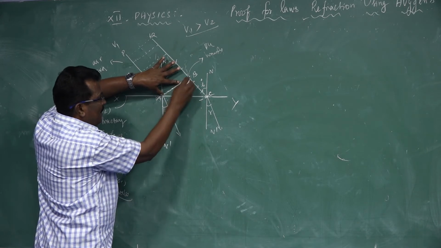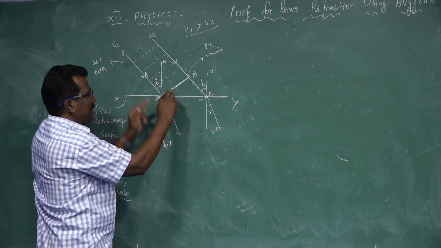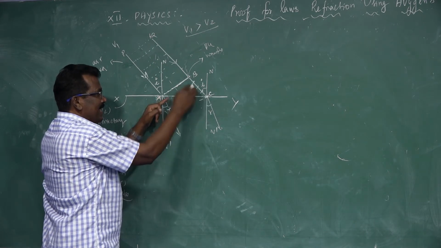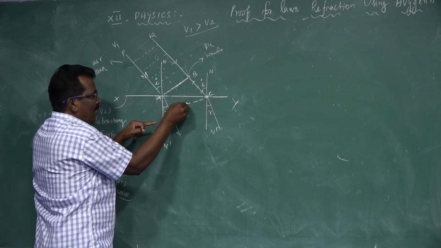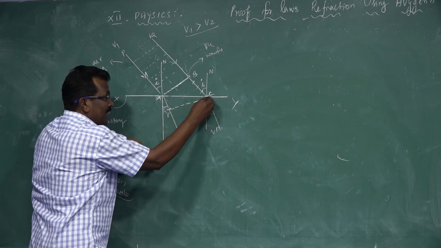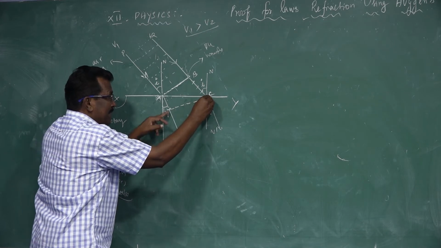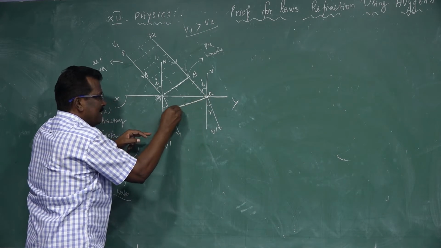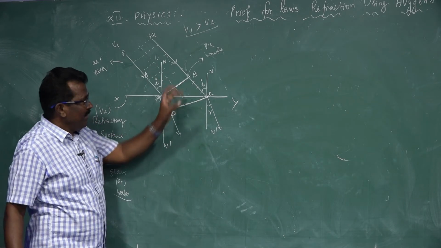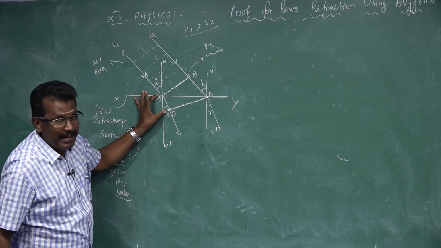Similarly, any secondary wavelet between A and B, incident between A and C, is refracted and moving. So these are the tangents. Join the tangent between C and one more point, this is D. See, BC is not equal to AD.